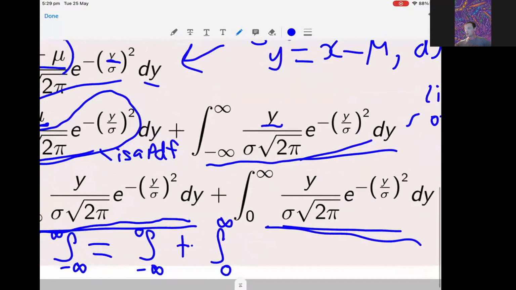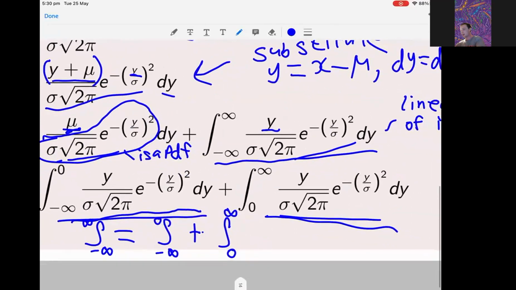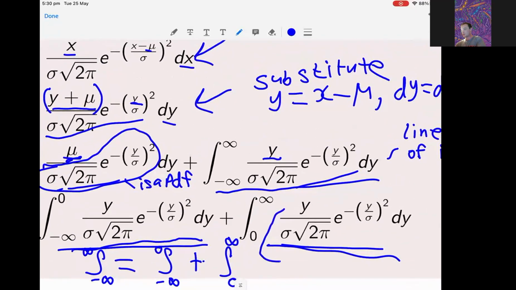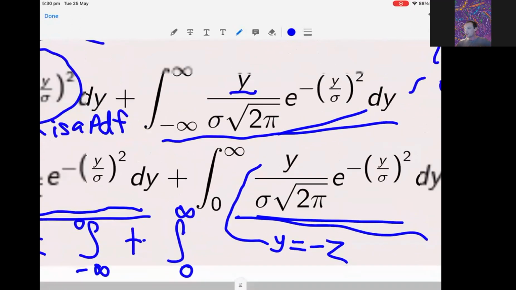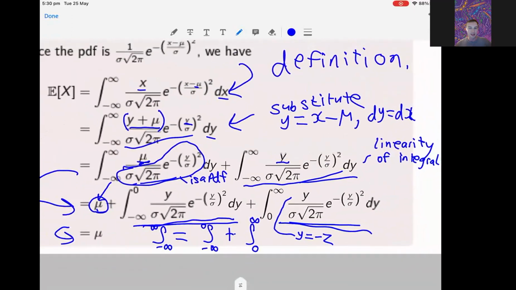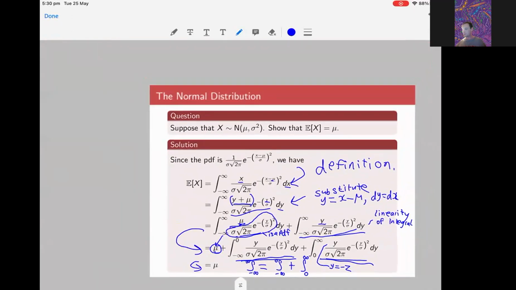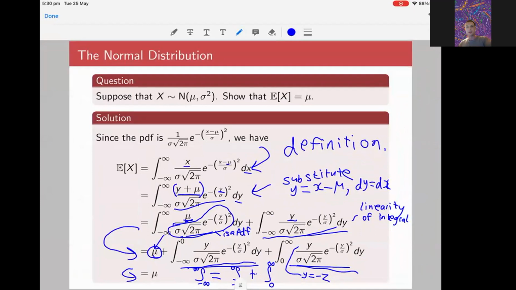So for example, for this particular integral, you might take y equals minus z, change your integral appropriately, and then you would see that these two things actually cancel out exactly. So this is how we do this particular computation. This is how we show that the expectation is mu.